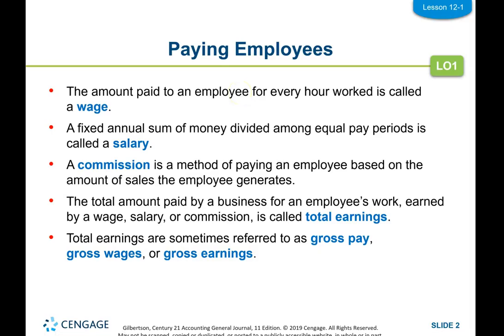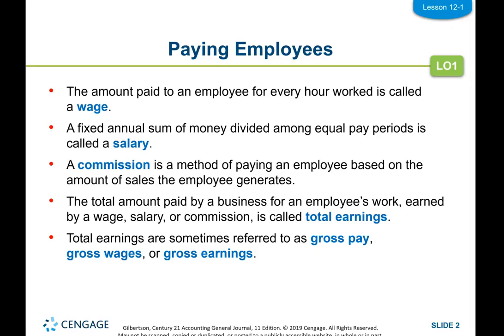Typically there are two different ways you can pay your employees. You can pay them an hourly wage, or you can pay them a fixed salary. An hourly wage is based on how many hours you work. A salary is where we pay you this amount of money per year to do this job, and we've divided that money over however many pay periods, whether weekly, bi-weekly, or monthly.